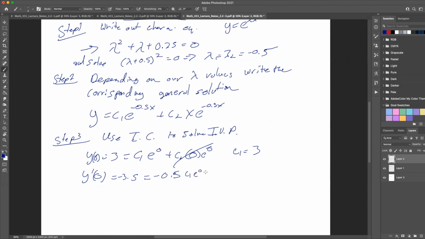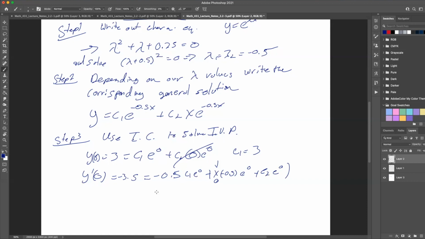E to the 0, because I plug in 0 for x, plus, if I take this derivative, I'll have x, and then I differentiate this one, so it'll be minus 0.5 e to the 0. I'll plug in a 0 now, so that's 0. Plus, if I do that one, I just get C2 e to the 0. Okay. Everyone see how I just punch through that?